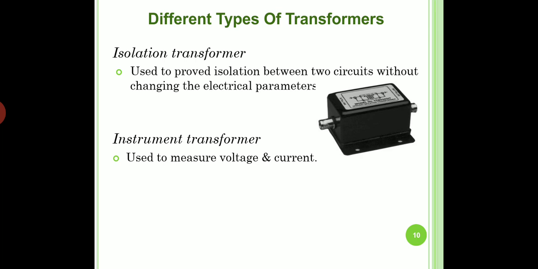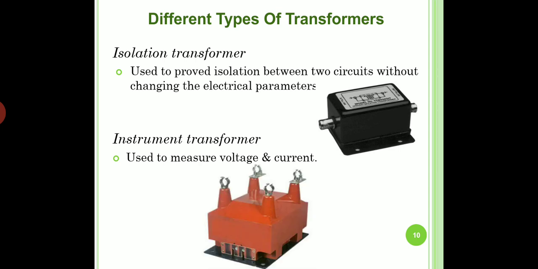So by using an instrument transformer, we'll see a model of that, of course, it will be sampling the signal that is flowing through the line or the circuit where we are attempting to make a measurement. We can measure either a voltage or a current. So instrument transformers are used for measuring voltage as well as currents. They look like this. Here you can see, and there are a few more models.